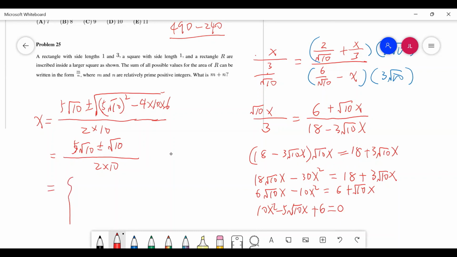That's going to be 5 minus 1, that's 4 square root 10 over 2 times 10. So which equal to, we can cancel 2, then square root 10 over 10. Or simply, that's going to be 2 over square root 10. The other one is going to be 6 square root 10 over 2 times 10, which equal to 3 square root 10 over 10. Or I write 3 over square root 10.